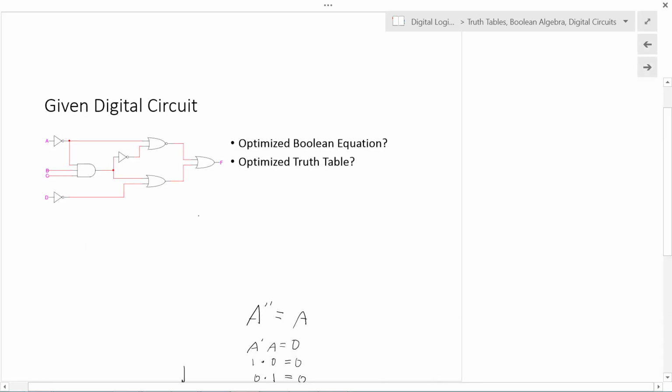So when we look at this statement here for optimized truth table, it's constant. If your truth table changes, you have an error.